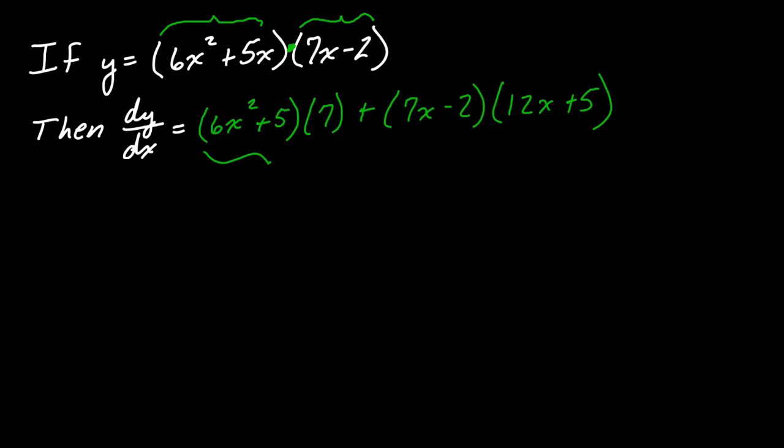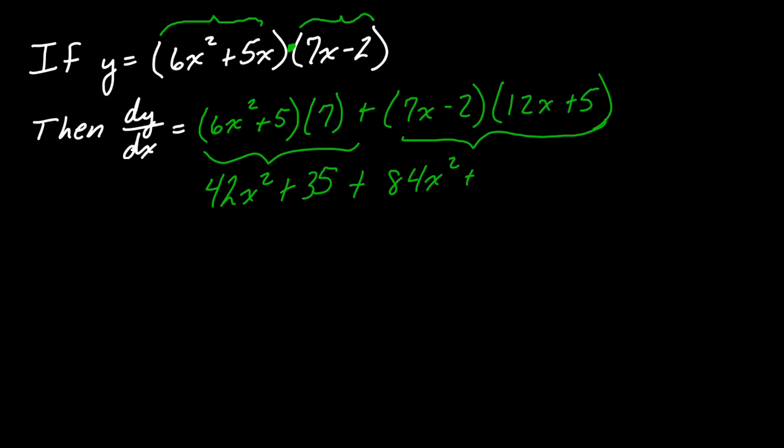And then we can distribute here. That will give you 42x squared plus 35. We can multiply this together, which would be 84x squared plus 35x minus 24x minus 10.